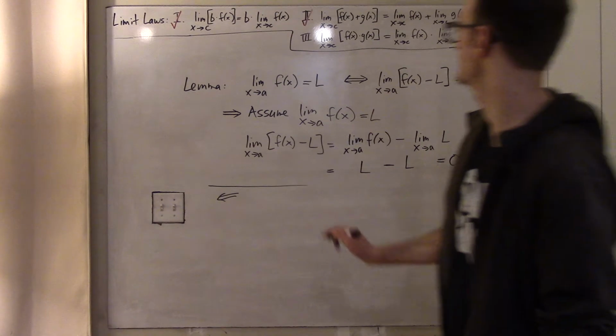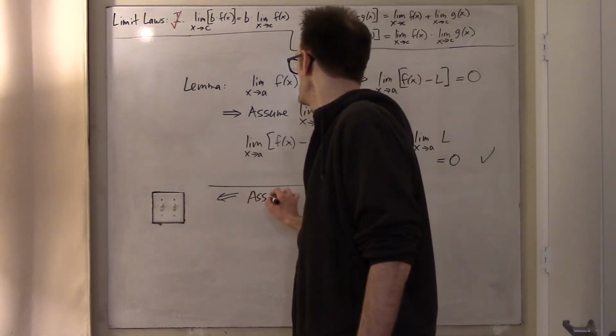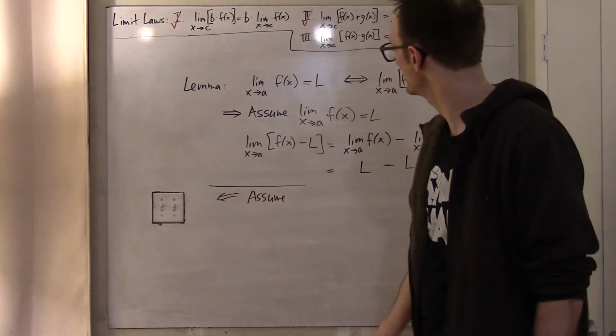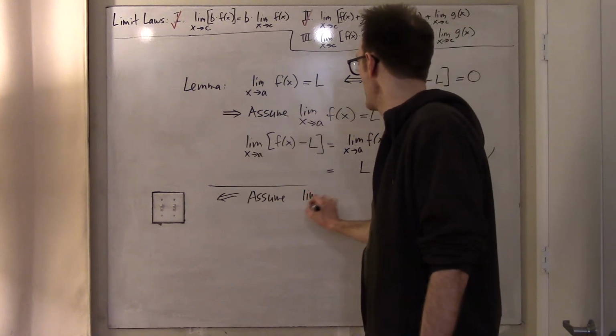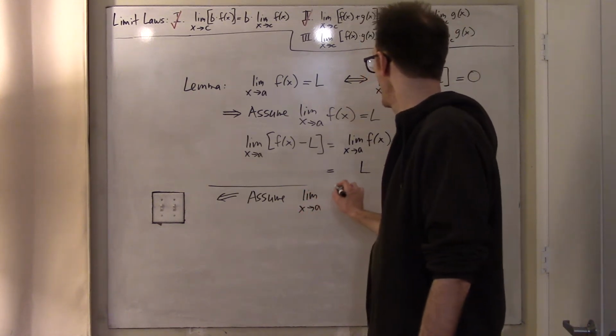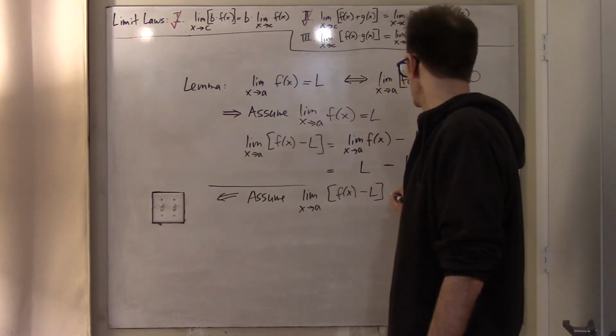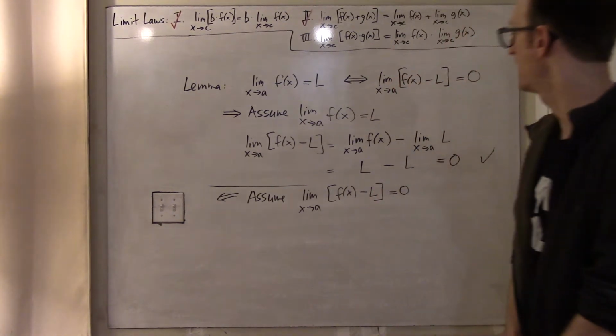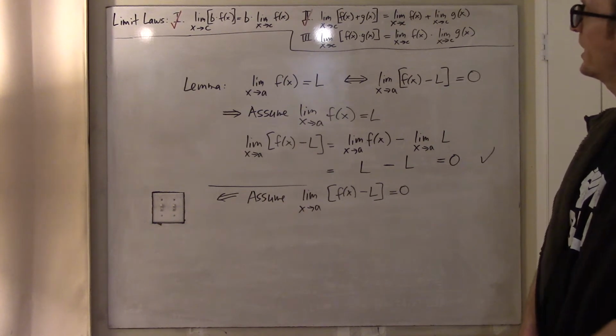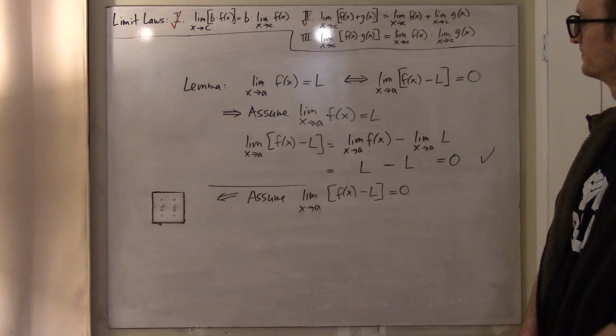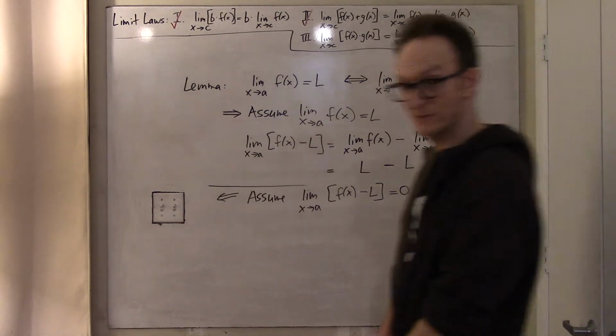The opposite direction says, assume, from right to left, that's what that means, assume that the limit as x approaches a of f of x minus L is 0, and then recover that the limit as x approaches a of f is L. Oh, okay, I know exactly what to do.